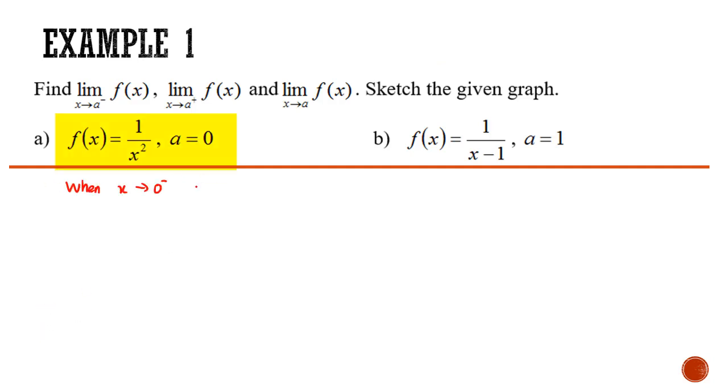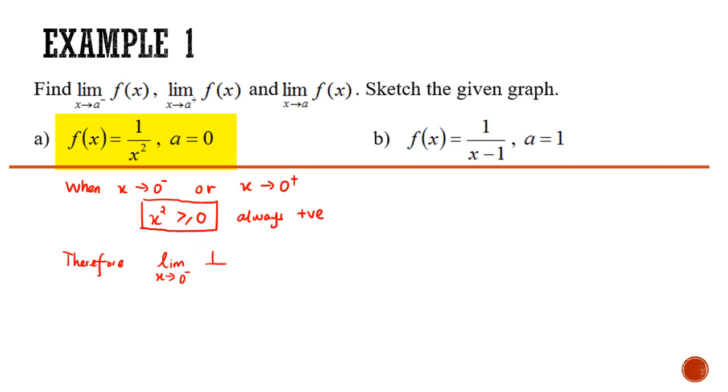When x approaches 0 from left or from right, we know that x squared is algebraically always positive. So from here we get that the denominator will be 0 plus, no matter whether it's the left side or right side limit.